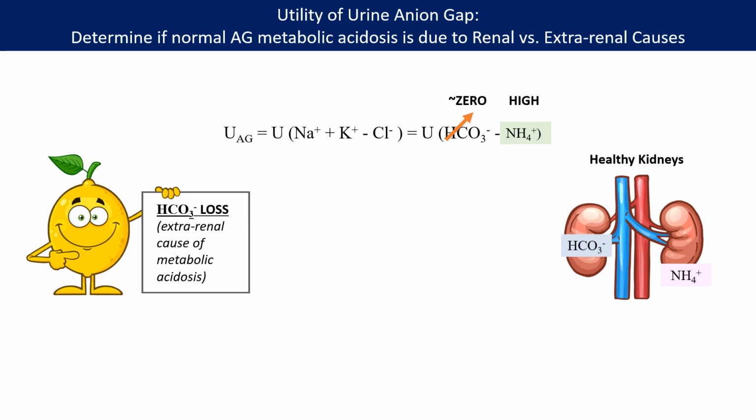These two compensatory processes will make the urine anion gap very negative, because 0 minus a big number is a negative number.